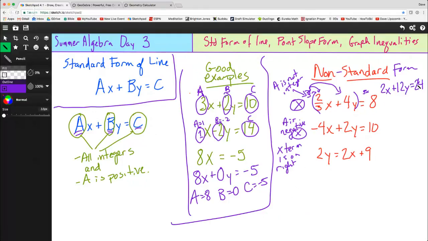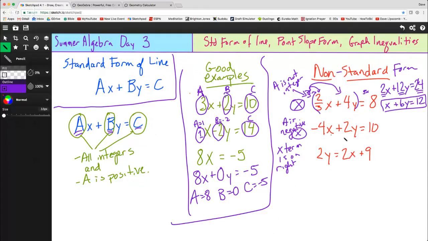In fact, this actually isn't in fully standard form because these things need to be simplified if possible. And I can divide them all by 2. So if I divide everything by 2, I get x plus 6y equals 12. And that would be in standard form, where a is 1, b is 6, and c is 12.